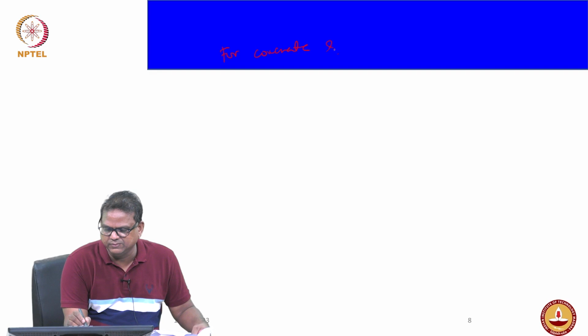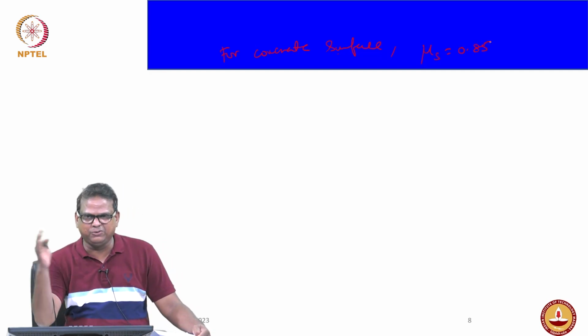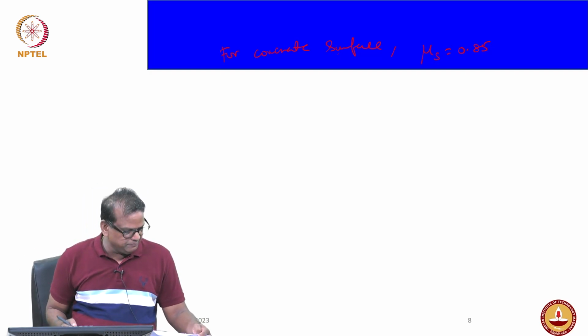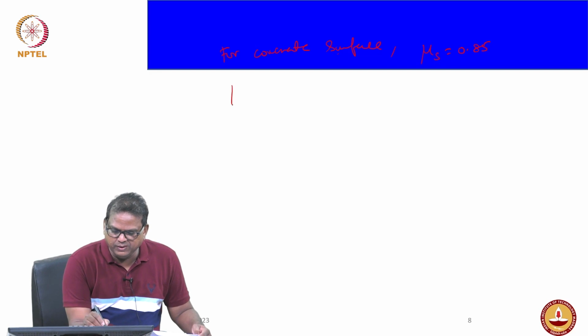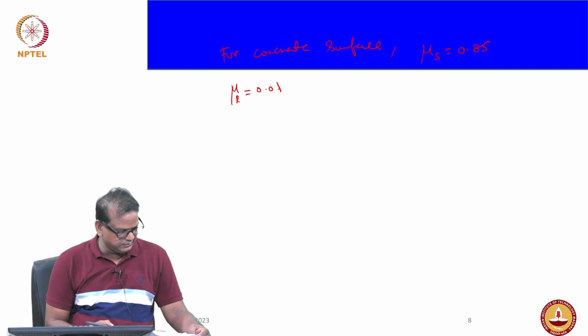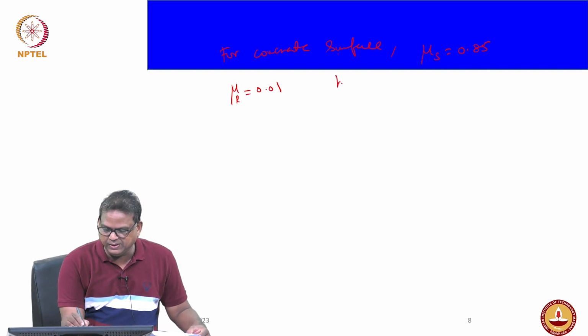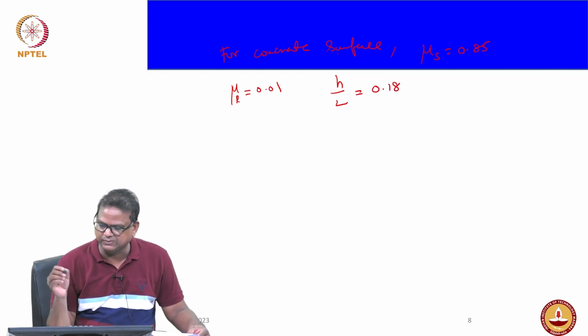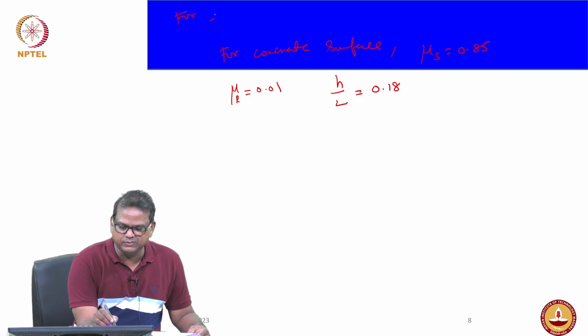For a concrete road, mu s equal to 0.85 is usually taken, because it varies between 0.8 and 0.9. And the rolling resistance mu r equal to 0.01. Then h by L equal to 0.18. This is for the light truck.